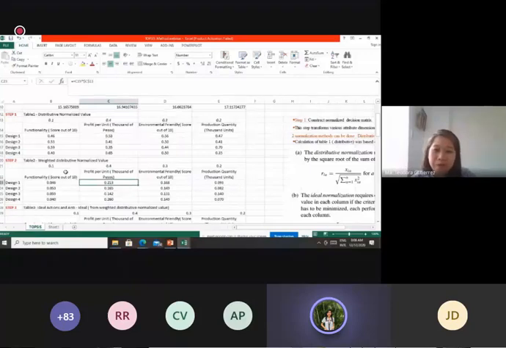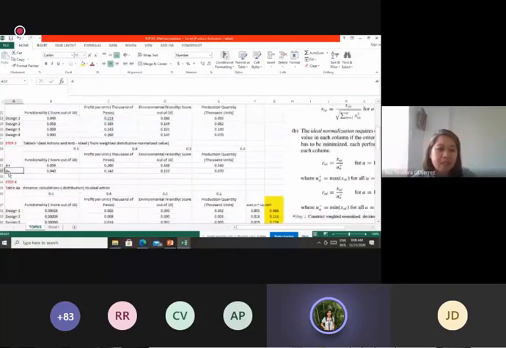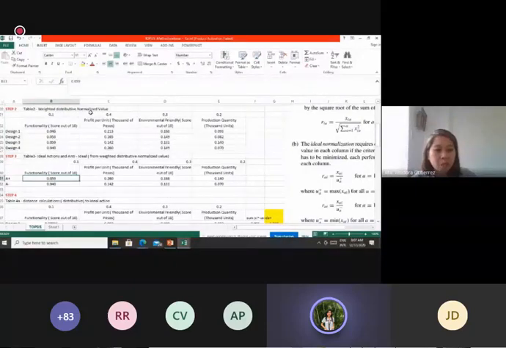Now for step 3 of TOPSIS, you have to identify the ideal value and the anti-ideal. A plus is the ideal, A minus is the anti-ideal value. So to get the ideal value for the criteria functionality, we refer to the highest score in the table 2, the weighted normalized value.